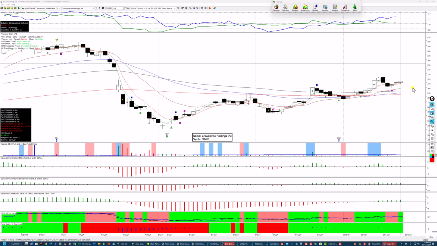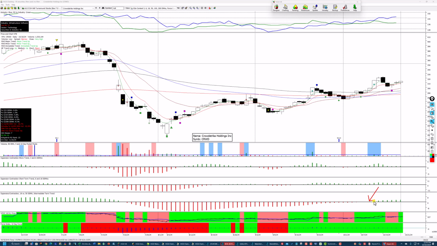Now, the fan is not in place because the 100 has to get above the 50 for the fan to be in place. But the others are all in place, and let's look for the crossovers. Well, the most recent crossover you can see is right in here on this histogram, but the 6 and 18 crossed over back here and stayed positive, and then looks like right here is where the 18.50 crossed over.